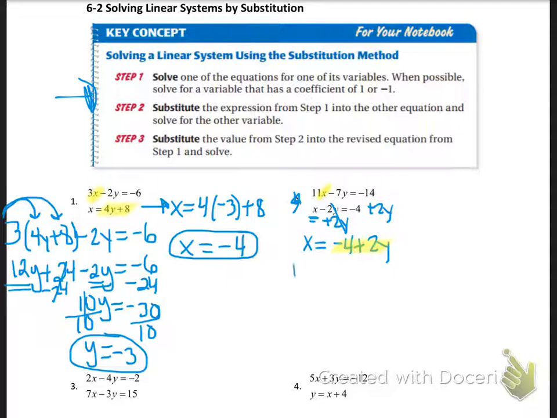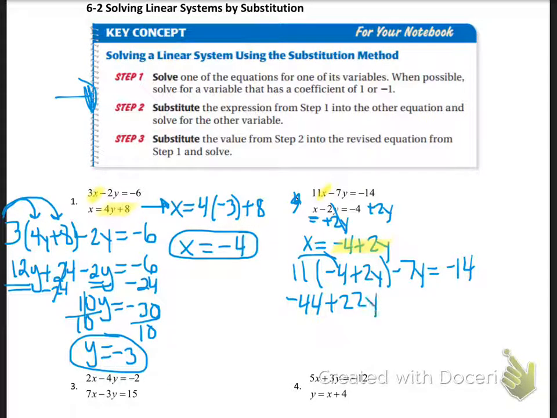So I'm going to rewrite that first equation, 11, and then instead of an x, -4 plus 2y, and you have -7y equals -14 still, right? Distribute the 11 inside. So that's -44 plus 22y, and you still have -7y equals -14.